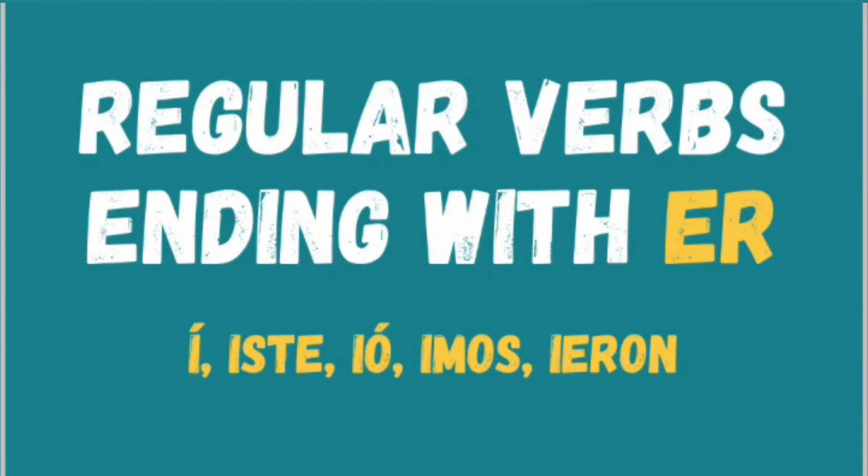Now, third persons, personal pronouns he, él, she, ella, it, eso. If you have these personal pronouns, then the ending of your verb will be with letter I and O with an accent, okay? Now, if you have the personal pronoun we, which means nosotros, okay, the ending of the verb would be with these letters, okay? Imos.